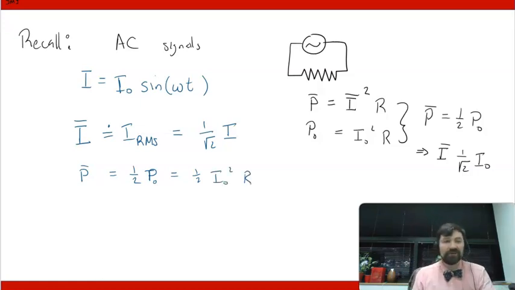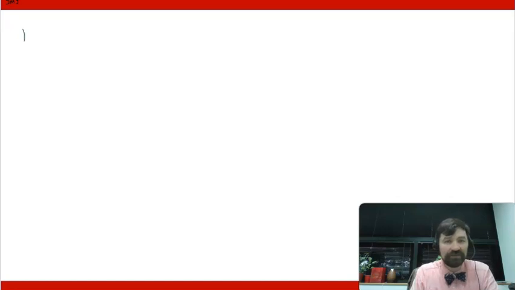Now the reason for all this is that, once again, for both E and B, we have E is equal to E naught sine of kx minus or plus omega t. Could add also a phi naught if we wanted to.